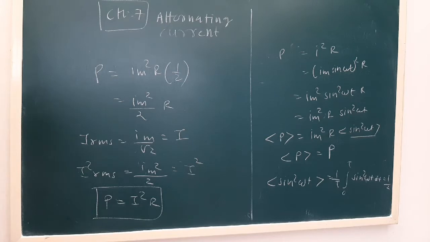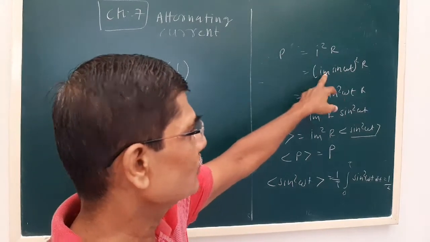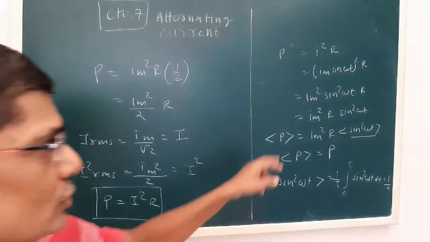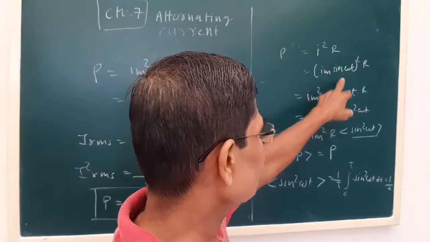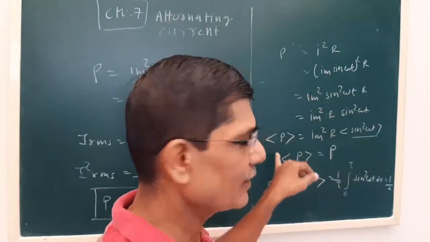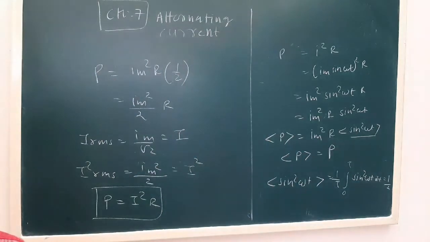So the power in an AC circuit with only a resistor is P is equal to I square R. I is equal to Im sin omega t, which we have derived, so there will be the square of this: Im square sin square omega t R. Now average power over one periodic time, why? Because sine is a periodic function.